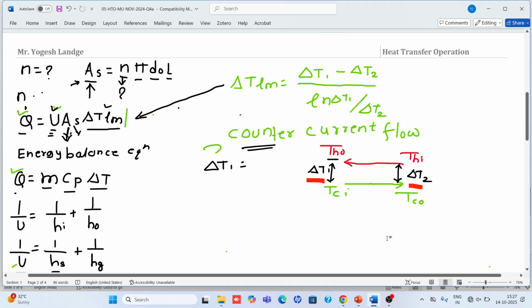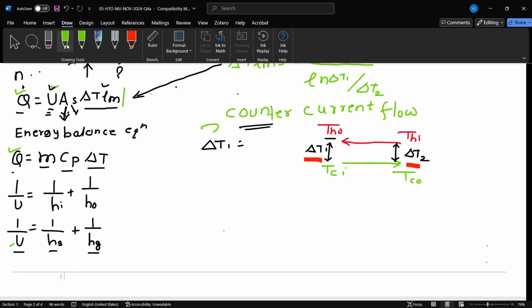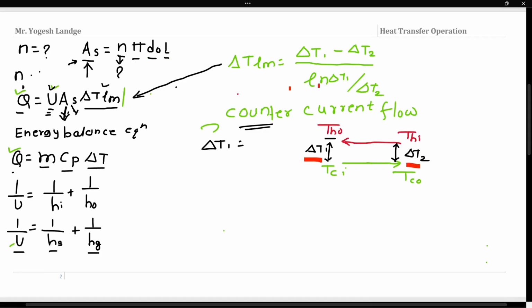Now with this one we can easily get the delta TLM value. We use the same thing to calculate the delta TLM.